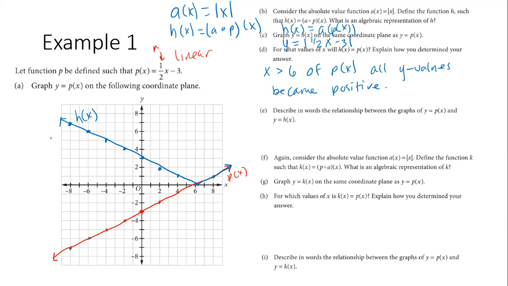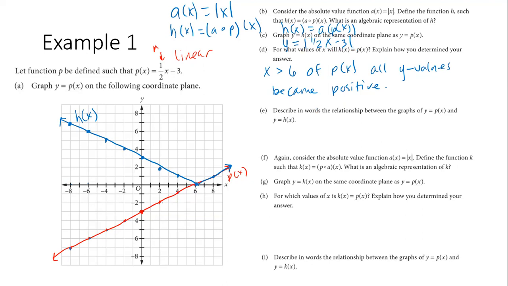And the reason for that is absolute value. That's because we weren't taking the absolute value of the x, we were taking the absolute value of the y, of your output. Okay? If it's set up like this. So, conclusion, if the function is inside of the absolute value, we're changing its y values.